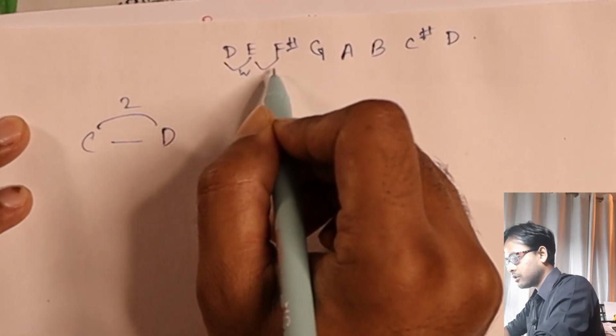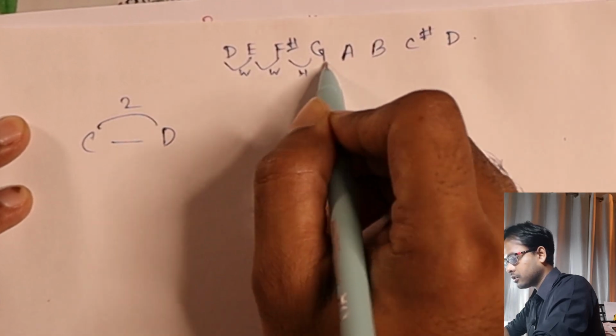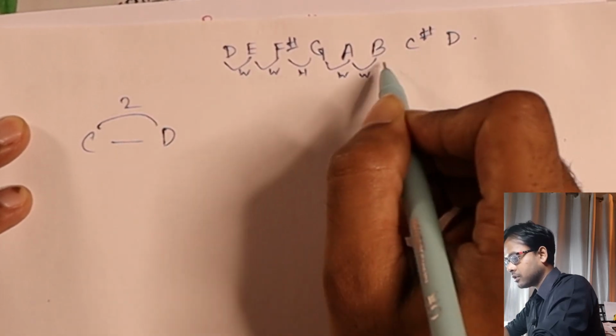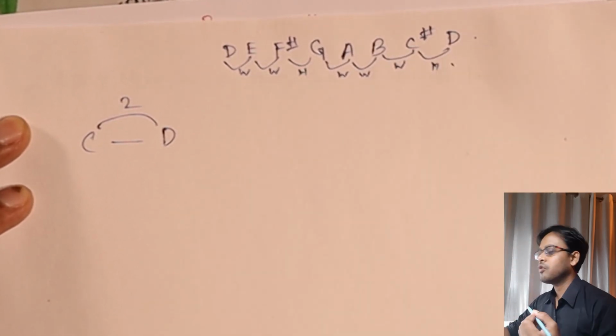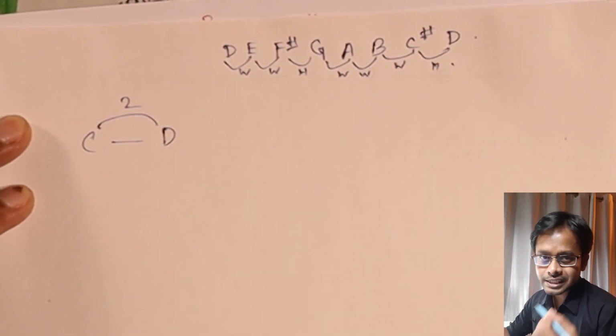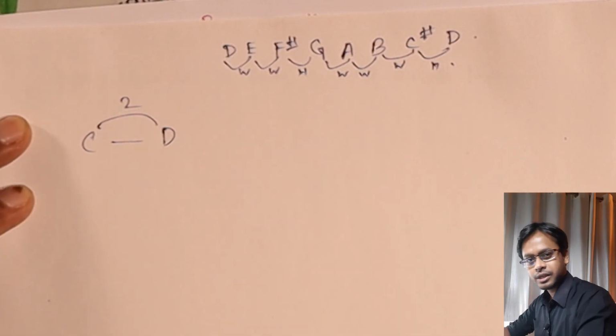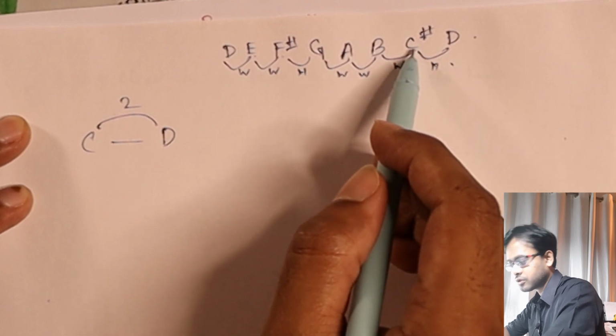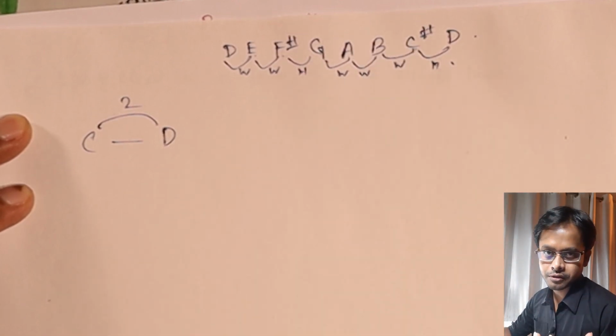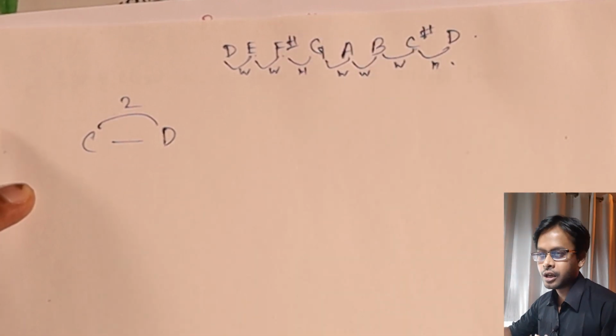Whole step, half step, whole step, whole step and half step. So what is the interval from D to C? Let's measure it: E, F sharp, G, A, B, C sharp. So C sharp is basically a major 7th, so C will be a minor 7th.